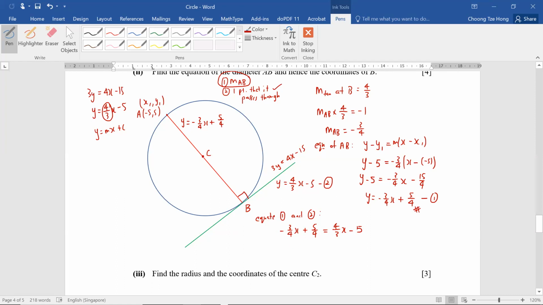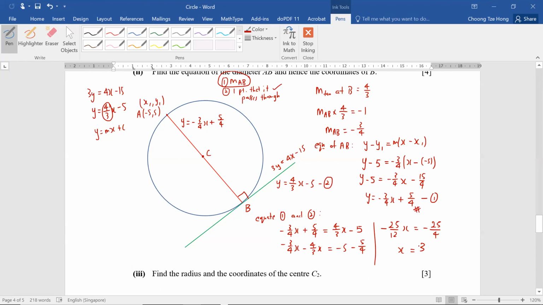If I bring the 4/3 x to the other side, and bring the -5/4 to this side, from here we'll continue. You should get negative 25 over 12 x equals negative 25 over 4. If you divide over, you should get x equals 3.